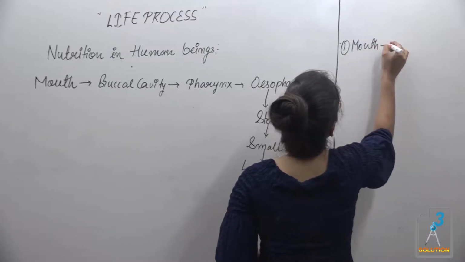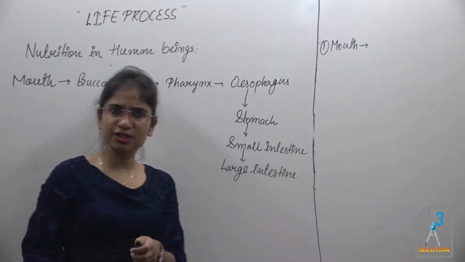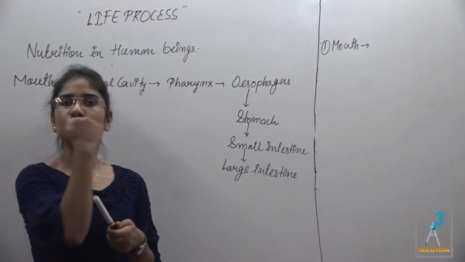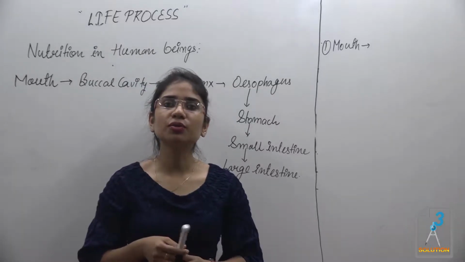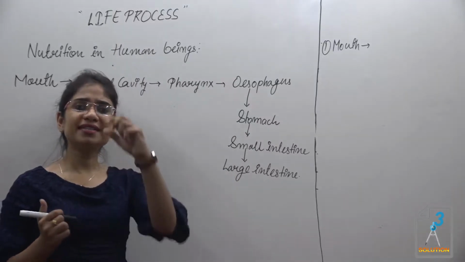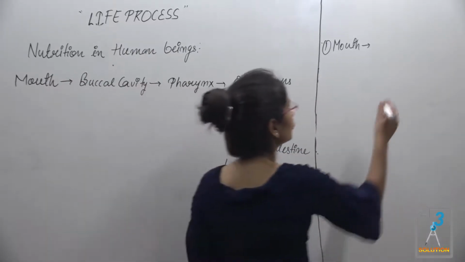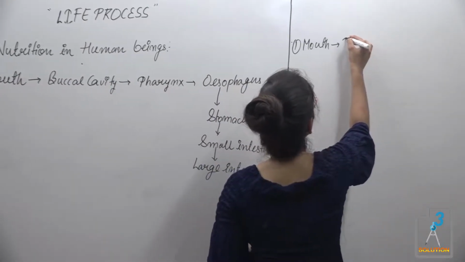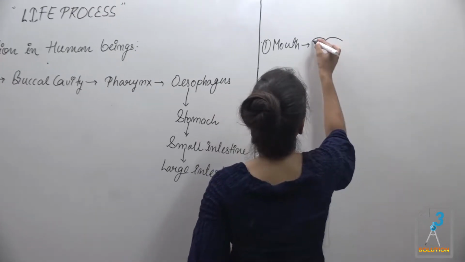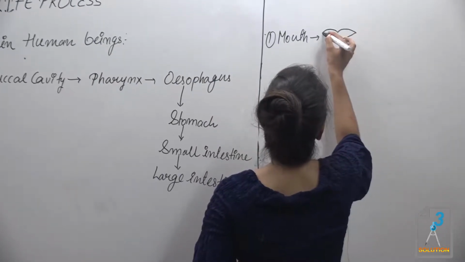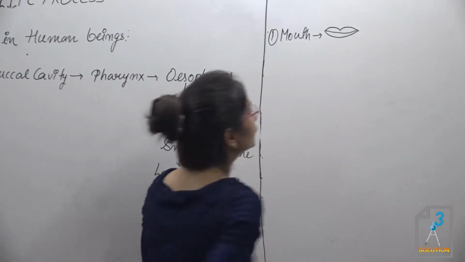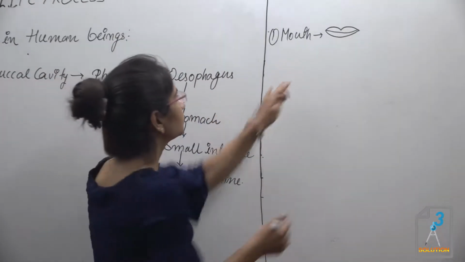Okay, do we know what the mouth is? The opening which we see on our face is known as the mouth. The mouth is a slit-like opening. A slit is a structure which is covered from all sides and has one opening only.